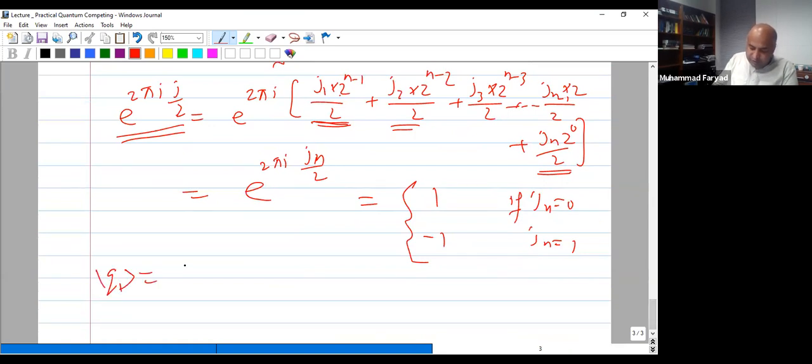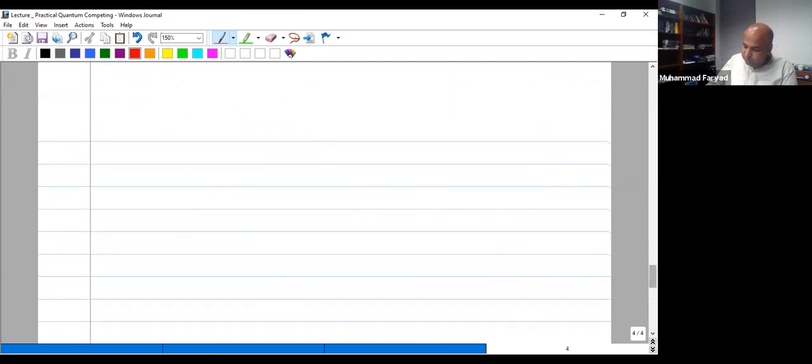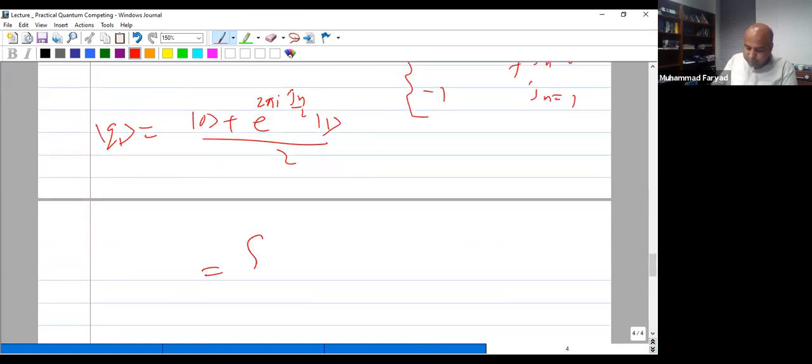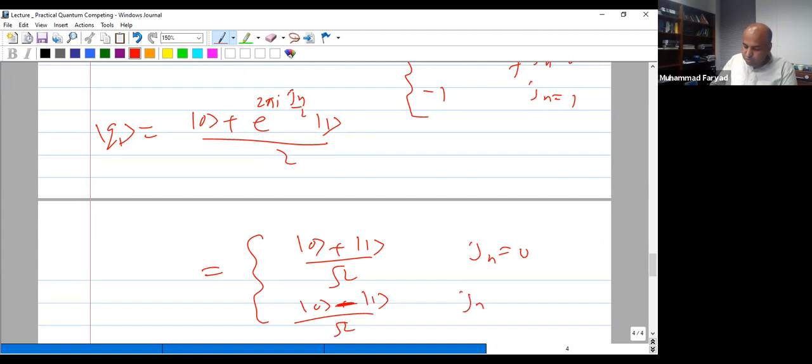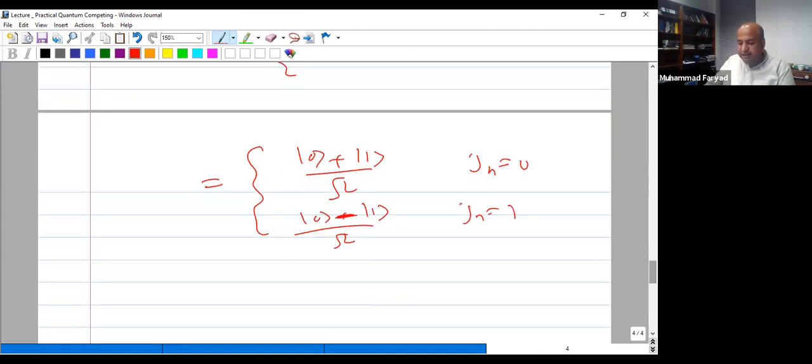So q1 has been found to be 0 plus exponential 2 pi iota into jn by 2, 1 by 2, which is equal to 0 plus 1 by square root 2 when jn is 0, and 0 minus 1 by square root 2 when jn is 1. So what gate can give us this depending on jn?